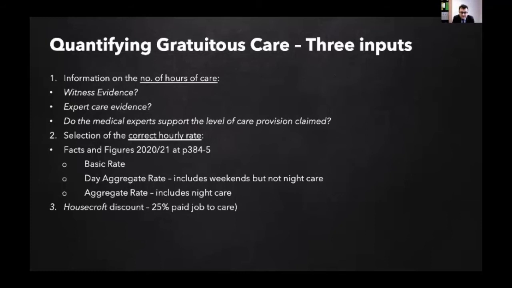The relevant table is in Facts and Figures. That gives the National Joint Council pay scales for care at spinal column point 8. We don't really need to get into the technicalities of that today, thankfully, but as I said earlier, they're basically the typical commercial rates for care. And you'll see in that table that care rates are set out at what we call the basic rate.